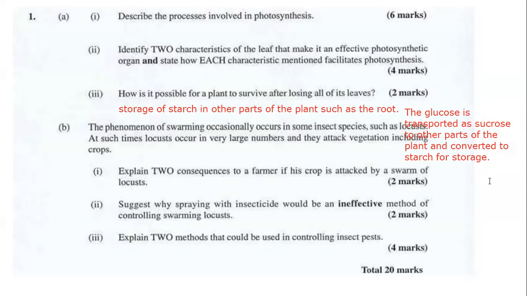All right, ready? Miss, if it stores food in the seeds for germination, eventually wouldn't it be a fresh plant and then it would have more leaves?